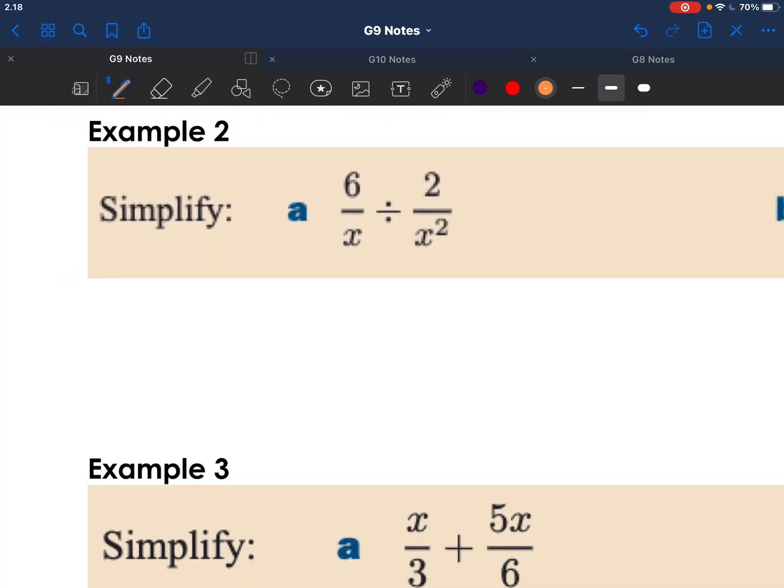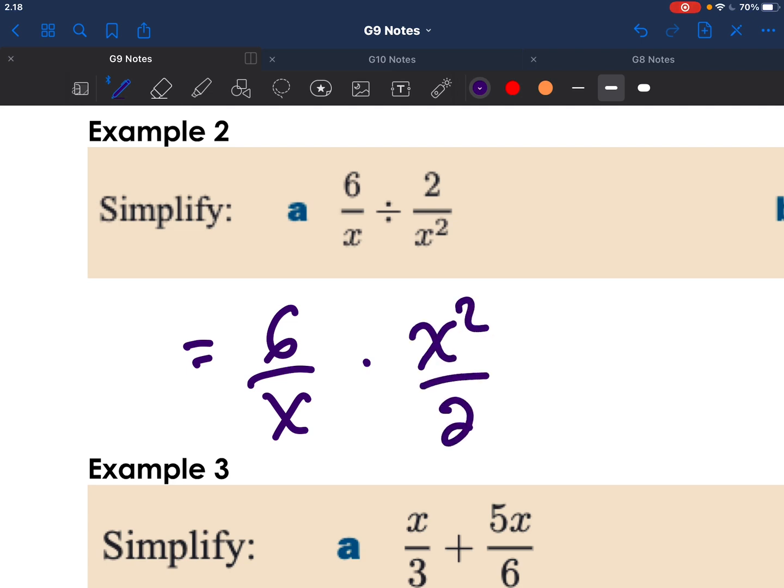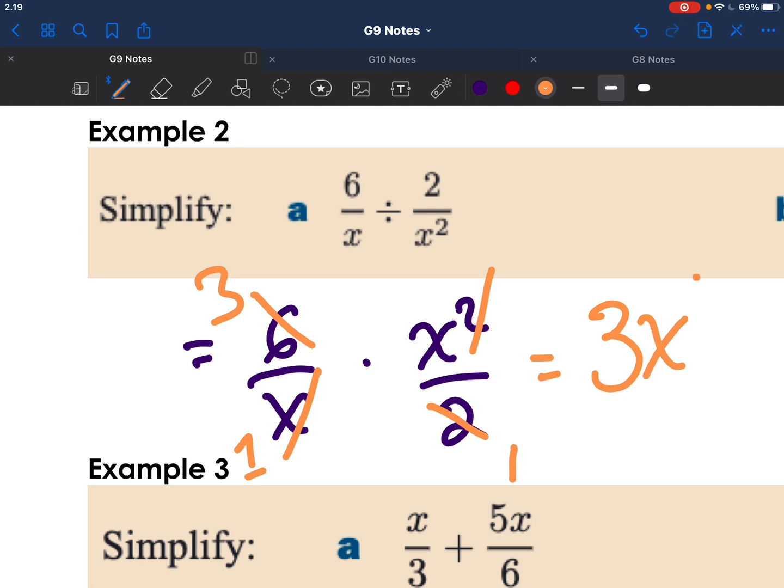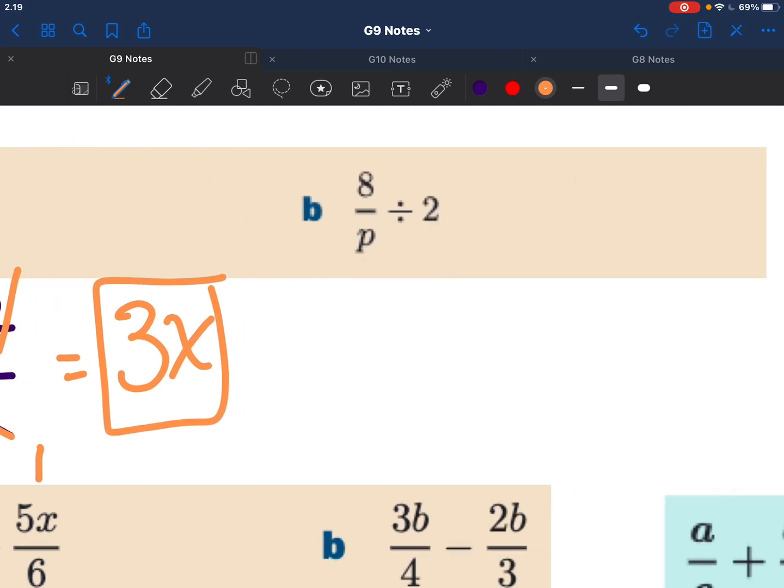So let's jump into division here. So keep, and then change, and you flip. And I like to simplify early, so things will get easier for me. So that one stays to be x. 6 divided by 2, this is 3. This is 1, so this is 3x. Okay.